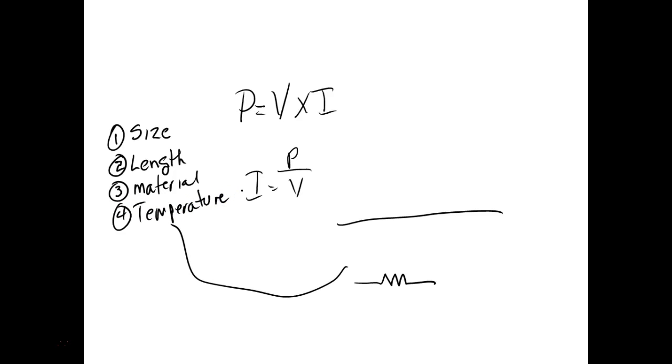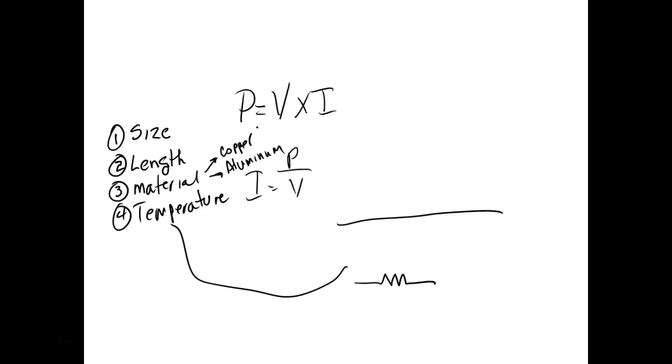So metals, when they heat up, their resistance goes up. The two main materials we use are copper and aluminum, right? Now, what advantage does aluminum have over copper? A lot cheaper, right? And it doesn't weigh as much, but it has a higher resistance.